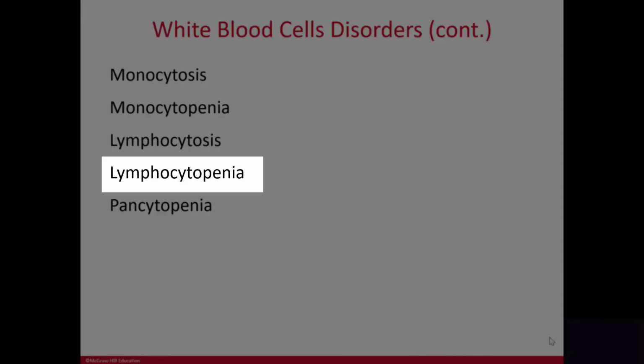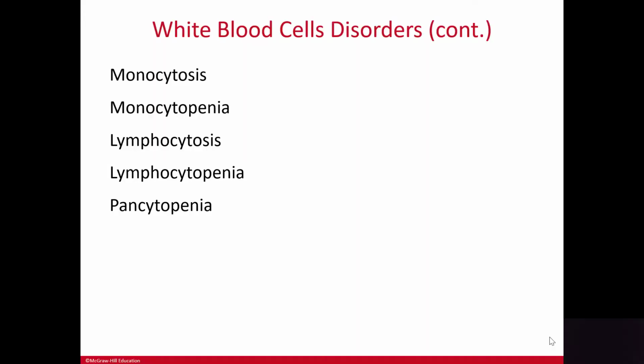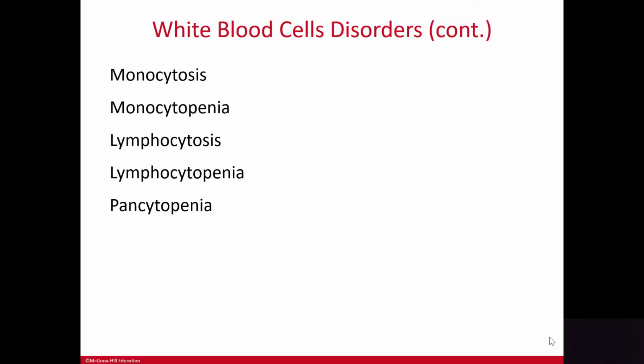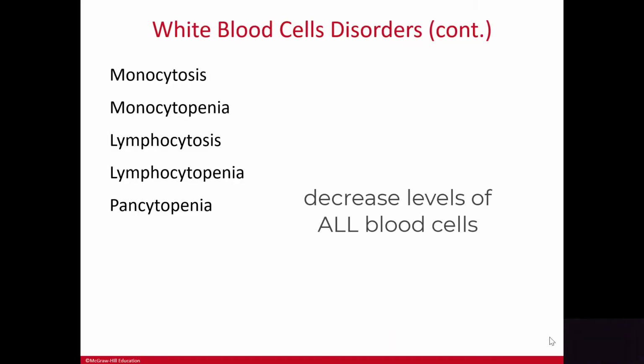And lymphocytopenia is a decrease in the number of lymphocytes, which can be seen in AIDS, malnutrition, chronic viral infections, and some parasitic infections. And finally, pancytopenia occurs when there is low levels of all of the blood cells, red cells, white cells, and platelets. Pan means all, and pancytopenia is most often seen following chemotherapy in cancer patients.